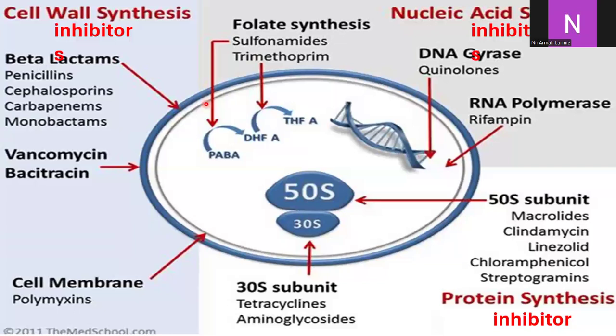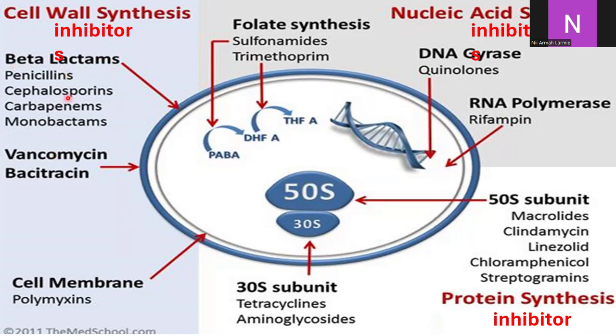So if we put those three ways into a picture form, what we are saying is we have those that are cell wall synthesis inhibitors, which means these deal with the peptidoglycan, the main component of the cell wall, which is in both gram-positive and gram-negative organisms. A class of antibiotics that deal with cell wall synthesis inhibition includes the beta-lactams.